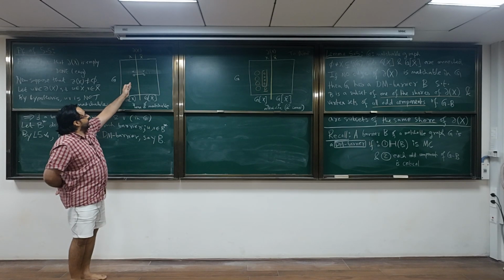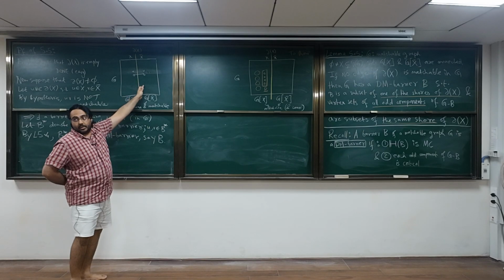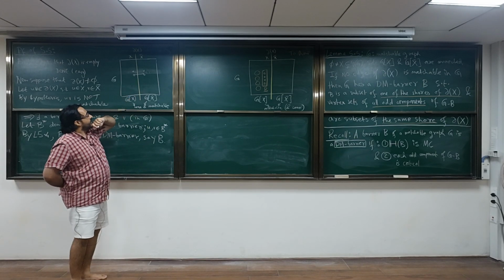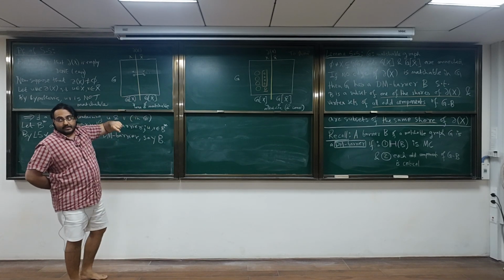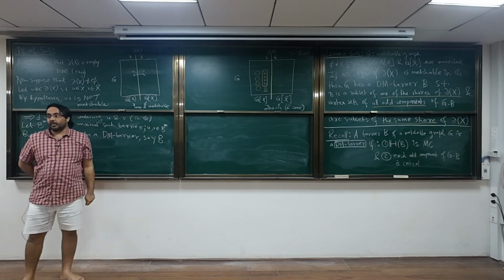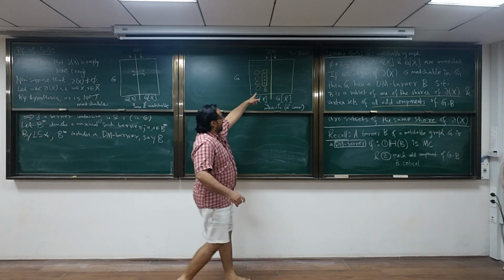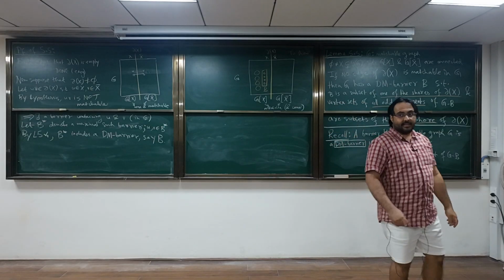Either it is completely contained in the X shore or it is completely contained in the X bar shore. We also want to argue that the odd components live in the same shore. So these are the two things we need to show. We need to basically make this drawing either on this side or that side.